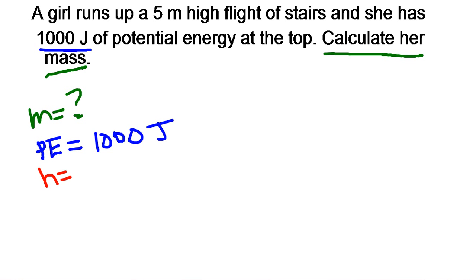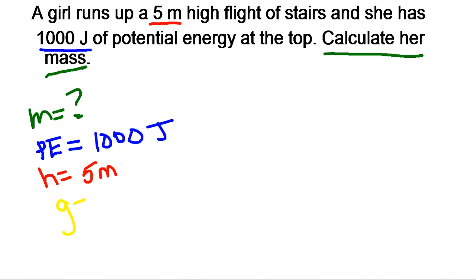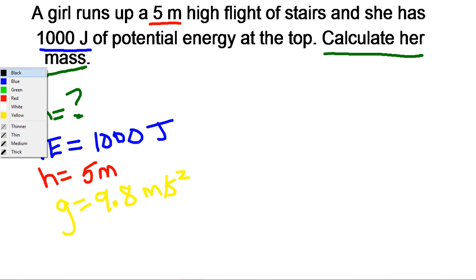Height has a unit of M, so I see that I have 5 meters of a height. And my last variable in potential energy is G. It will always be 9.8 meters per second squared, even though G is never found in the actual problem itself.